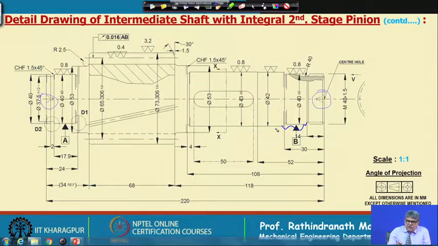Next we have to think of the spacer, we will put the spacer. So what we will do, we have measured and kept this space for the gear, it is already calculated.